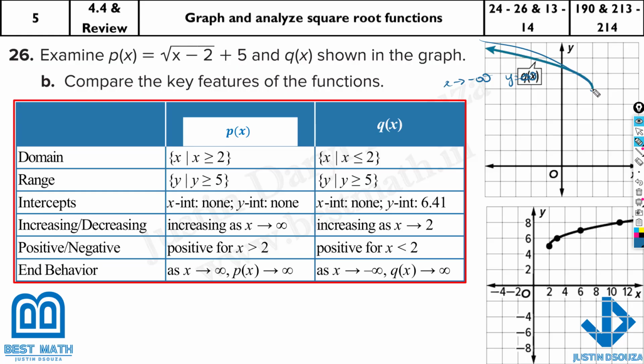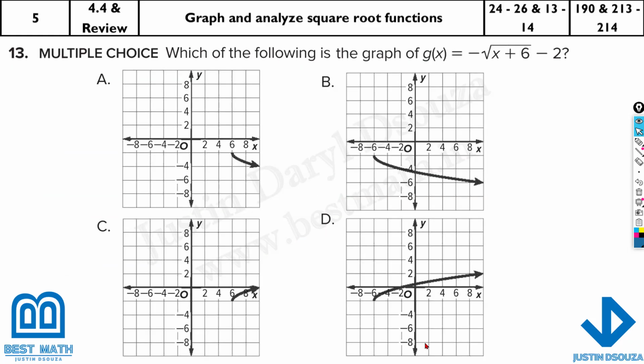There's nothing going towards the right. It's not going to the left side. It's only towards one side. So which side is it going? Minus infinity, right? Therefore, we tell from x towards minus infinity, y will be infinity, y or q of x. So this is how we compare it.